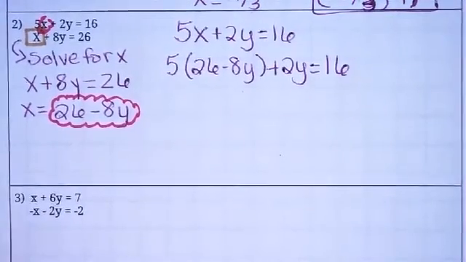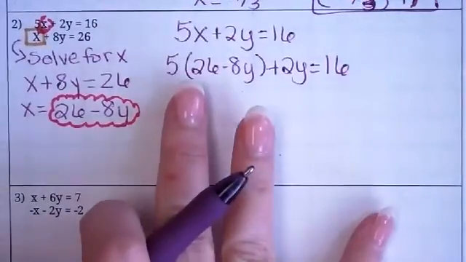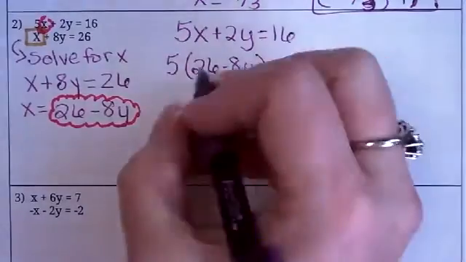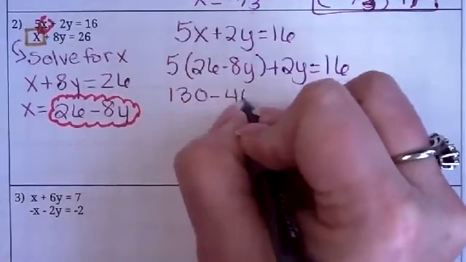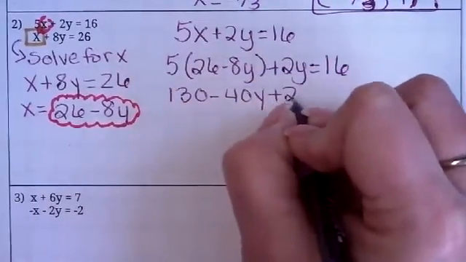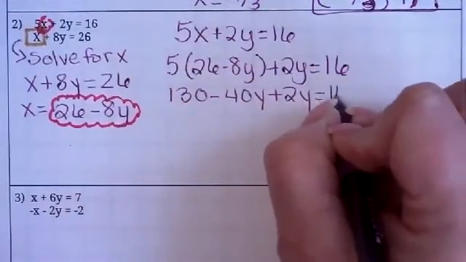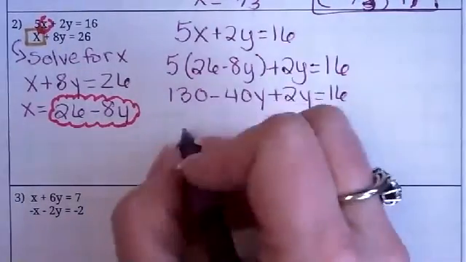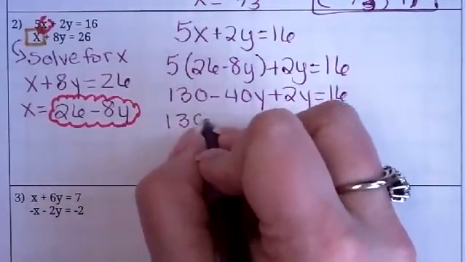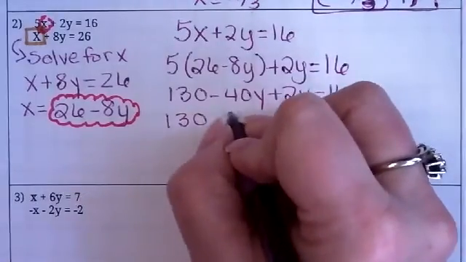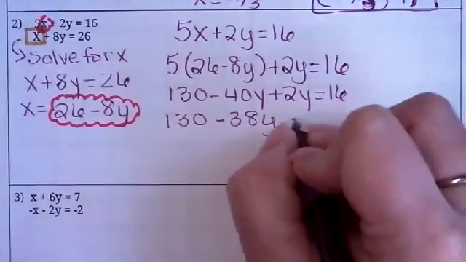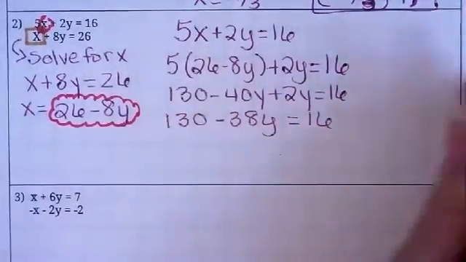So now we're just going to solve this. So we're going to have 5 times 26, which is 130, minus 40y plus 2y equal to 16. Combining my like terms, now negative 40 plus 2 is negative 38y equal to 16.